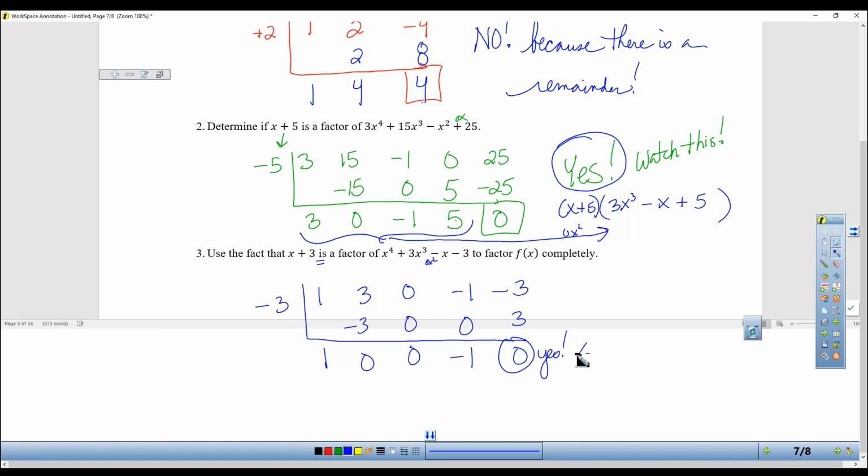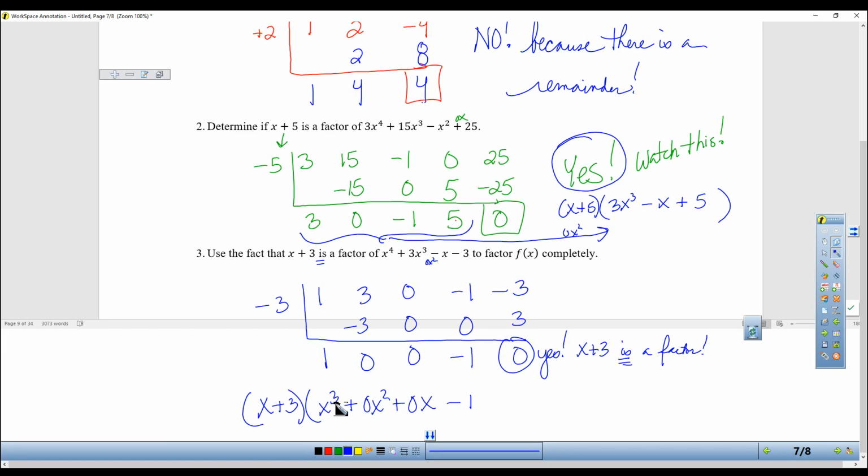Yes. X plus 3 is a factor. So cool. But even cooler is that x plus 3 is a factor, and the other factor is x cubed plus 0x squared plus 0x minus 1.